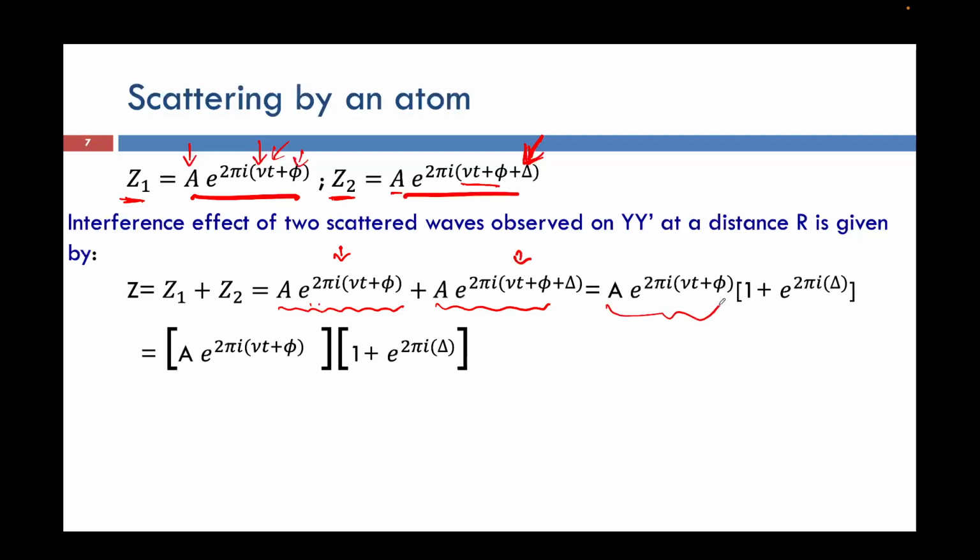Now the expression will be 1 plus e to the power 2 pi i delta, since the extra term is multiplied in.